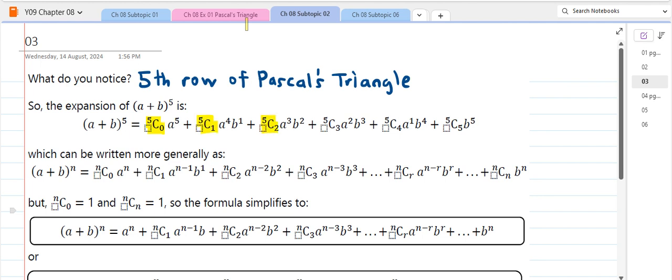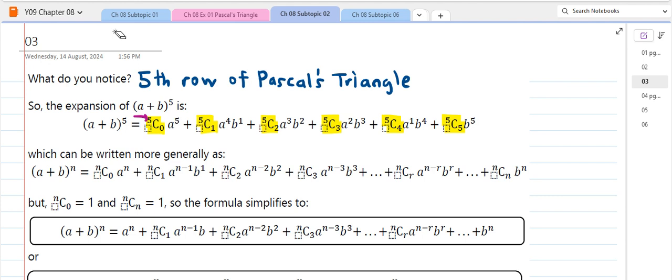You can see here, this is the previous lesson. As per usual, the power of A will decrease and the power of B will increase. In general, if you have a power of n, the number before the combination will be n.